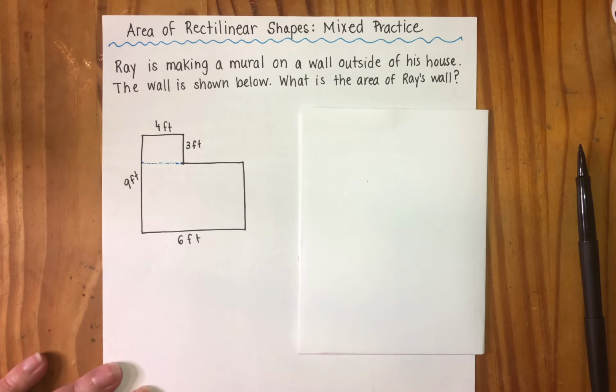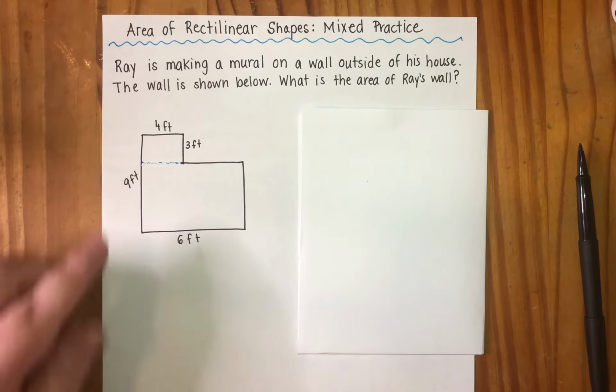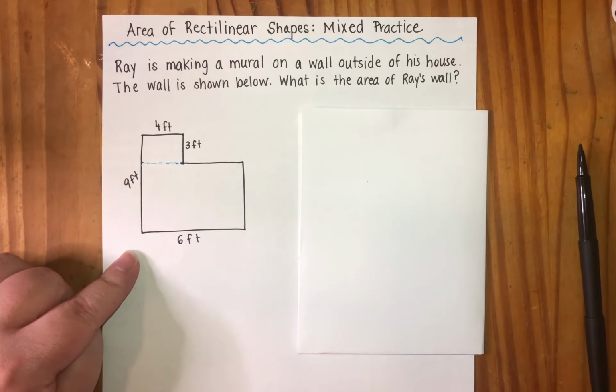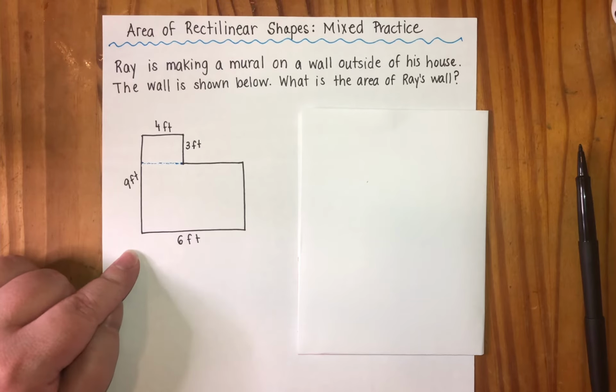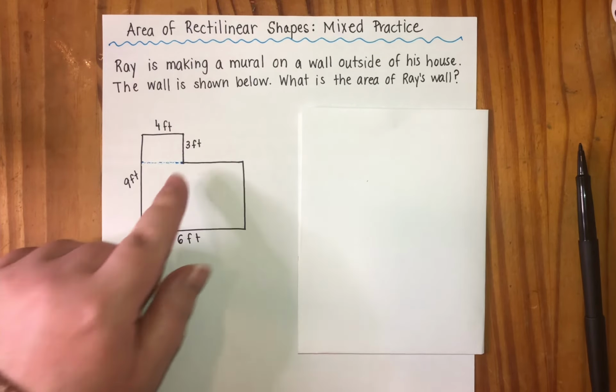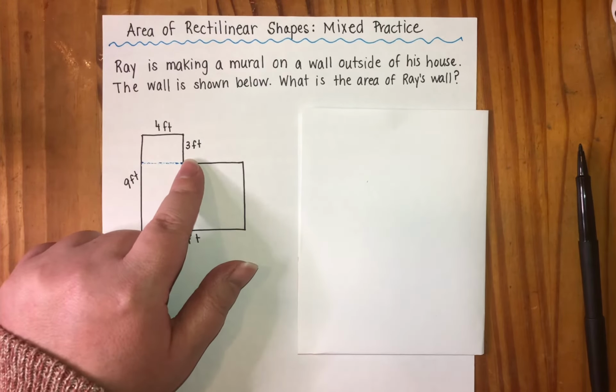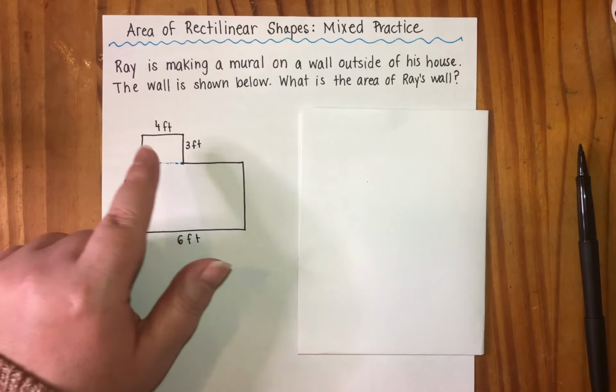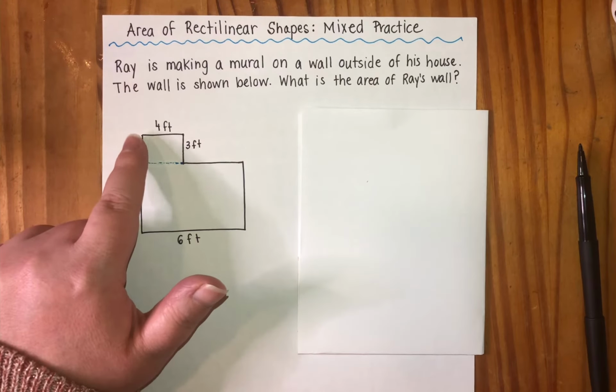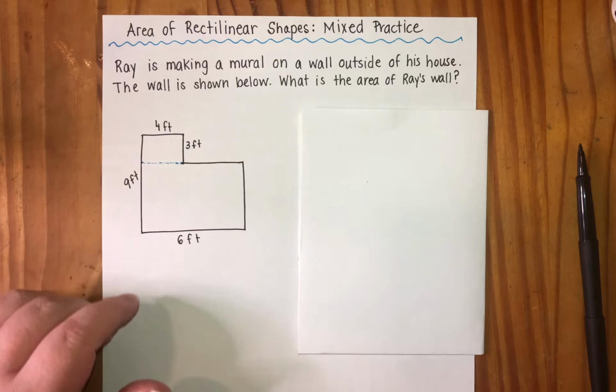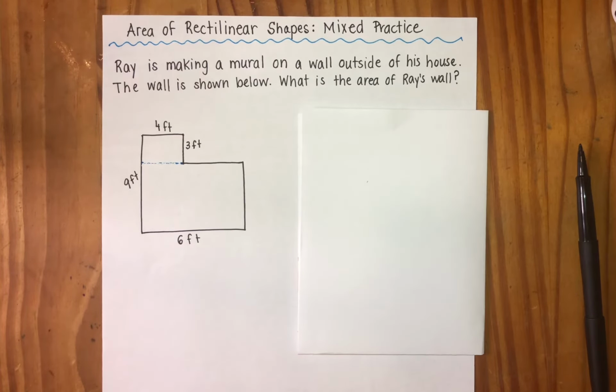Yes, we know the length of the longer side is 9 feet, and we know the top part of the opposite side is 3 feet. This means that the top part of the longer side is 3 feet as well, because we know that the opposite sides of a rectangle are always equal.